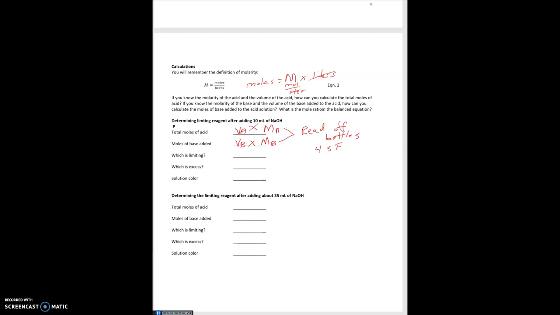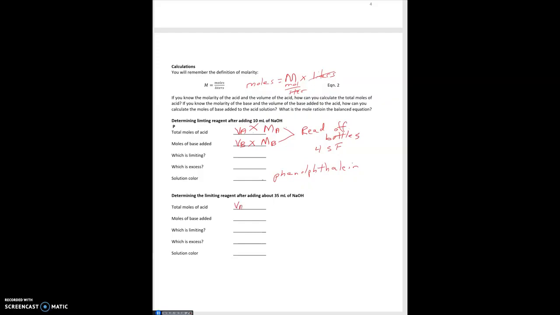The solution color is going to come from phenolphthalein. Phenolphthalein is colorless in acid and red in base. So the solution will stay colorless right up until the point that it becomes basic. Then, after you add 35 milliliters of sodium hydroxide, how many moles of acid did you add?